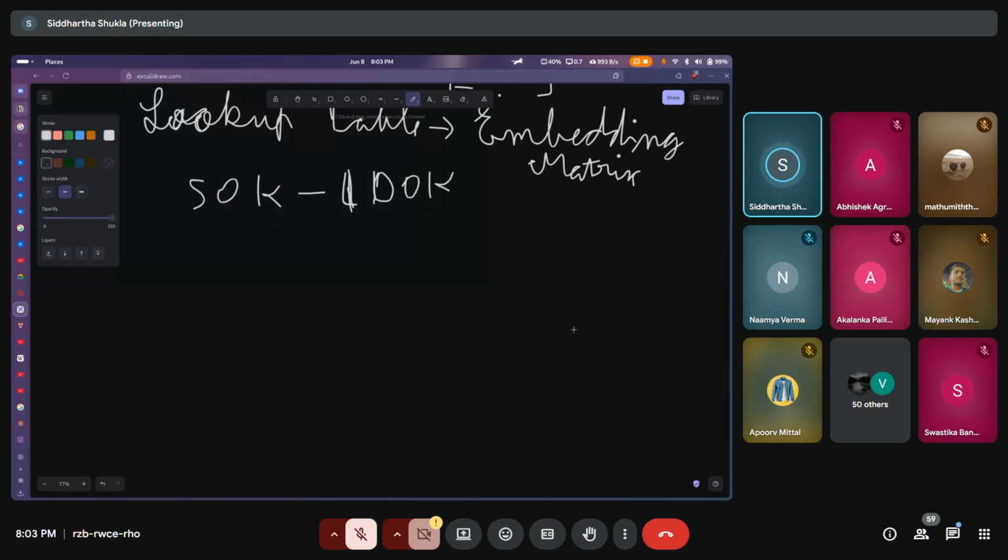The embedding matrix is basically a matrix that contains a mapping for every concept.